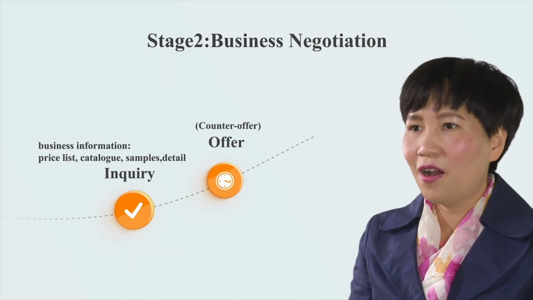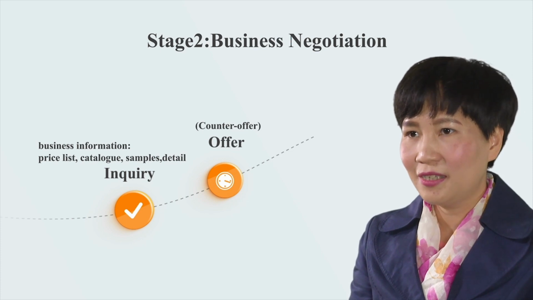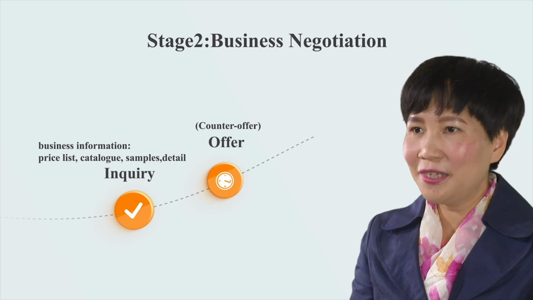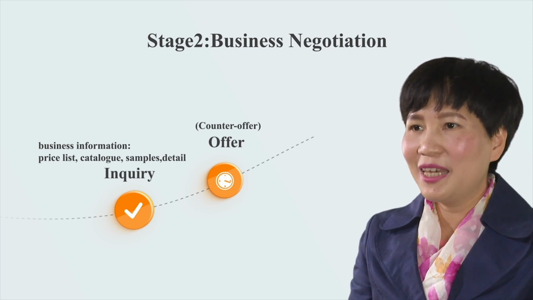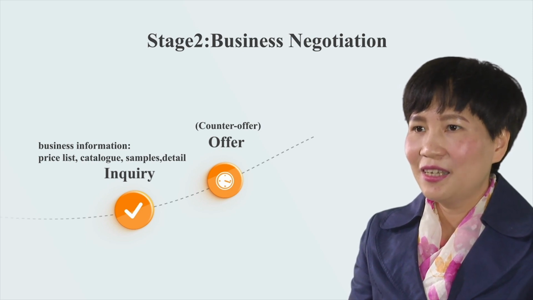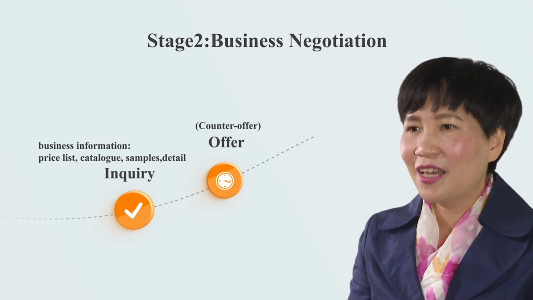Second, offer and counteroffer. In general practice, when an offeree receives an offer, he usually will not accept it immediately, but would make a new offer as a reply, which is regarded as counteroffer.